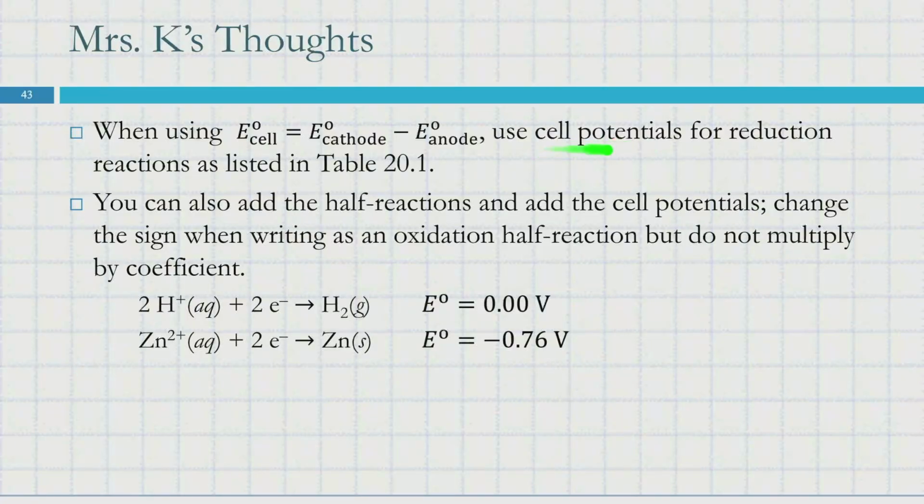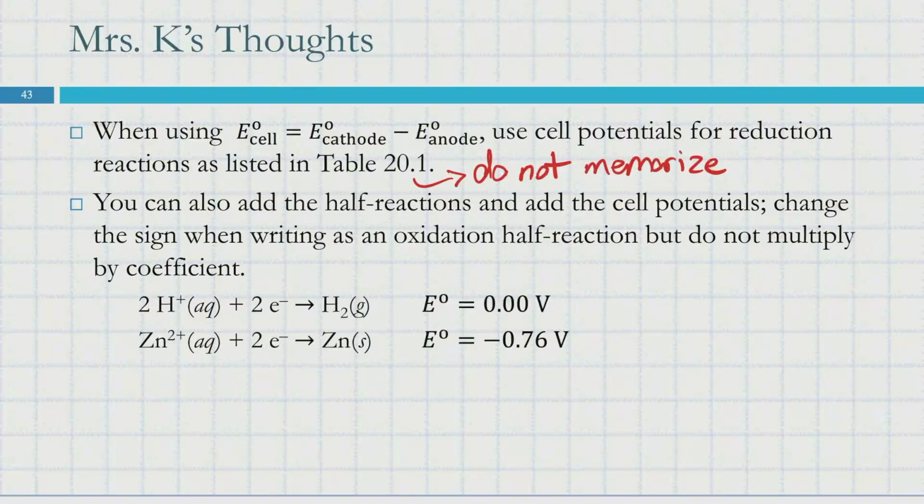You can use the cell potentials as listed in table 20.1. Don't spend any of your time memorizing them. The only one that you need to know is the hydrogen one. And that's really easy because that's our baseline. It's 0. Our standard hydrogen electrode is 0.